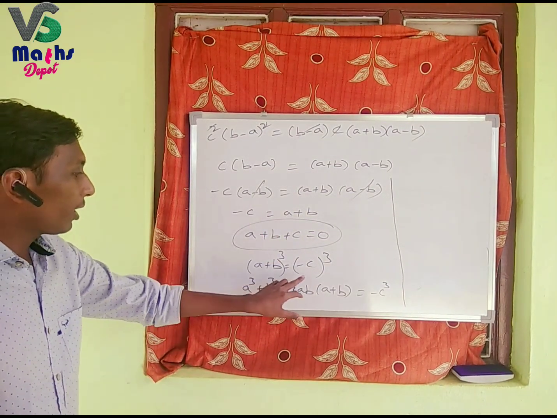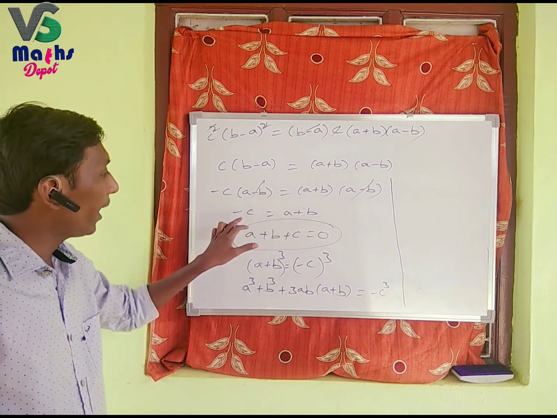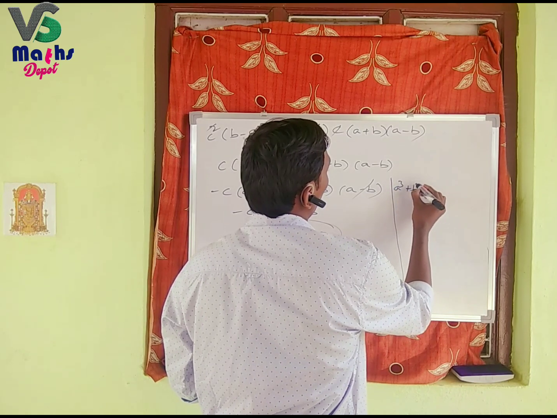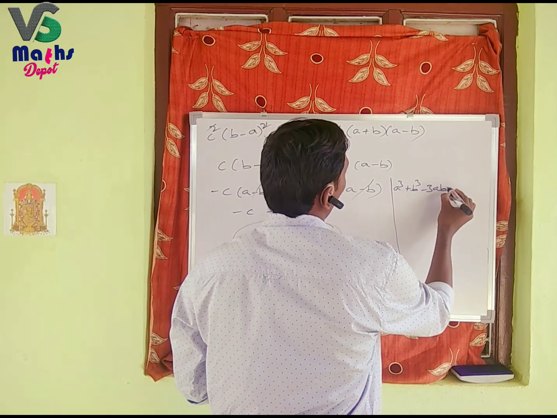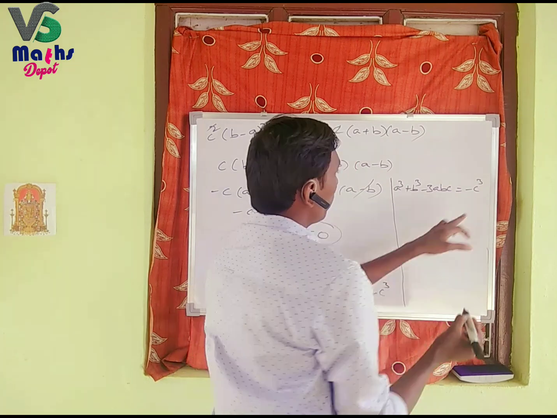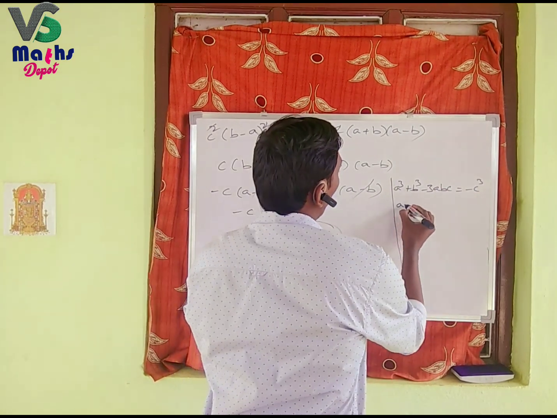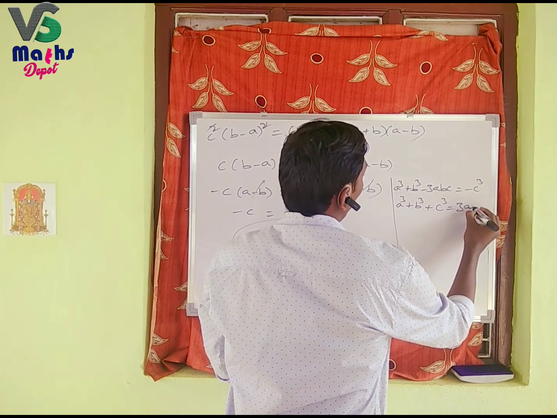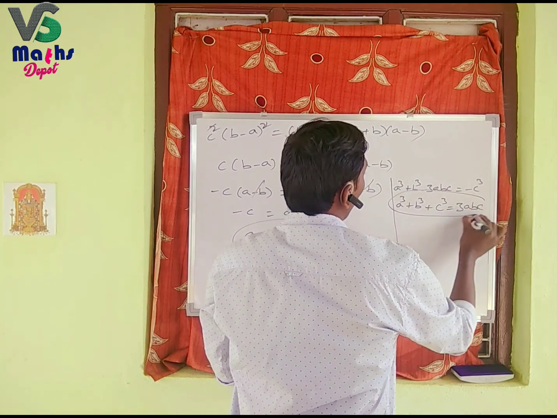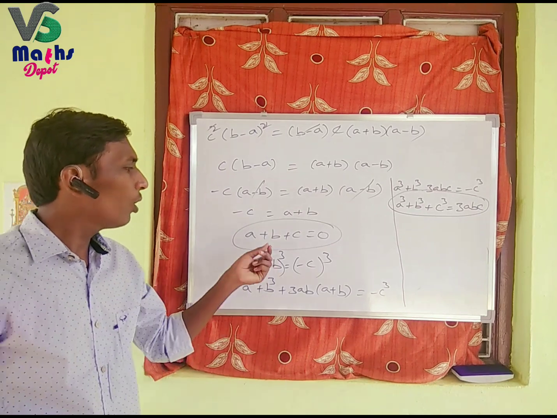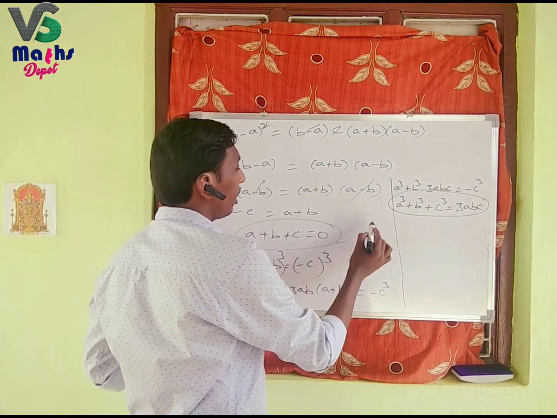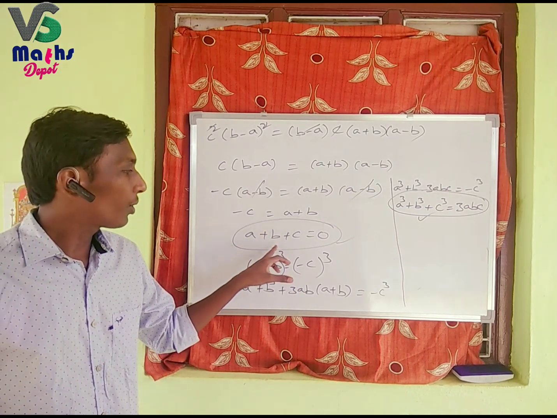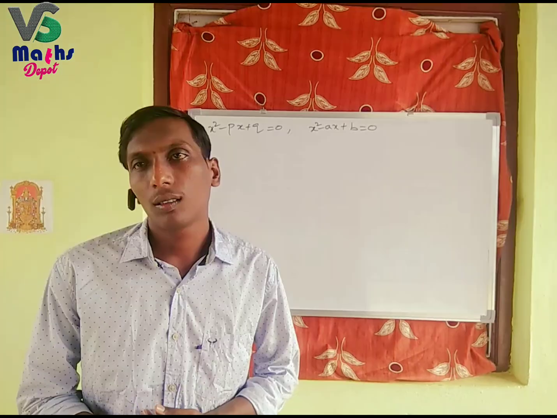Now a + b value we know is -c, substitute here: a³ + b³ - 3abc = -c³. Send this -c³ to this side: a³ + b³ + c³ = 3abc. This is the condition. If only one option is given, this one is sufficient, or this one is sufficient. So if they give one or more options, you have to do these two.